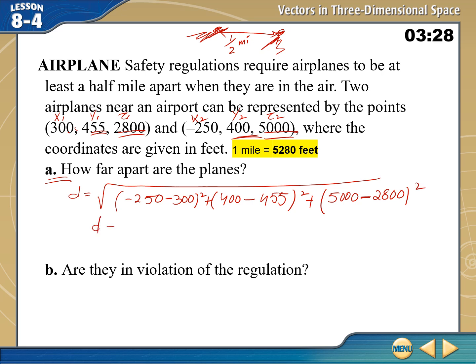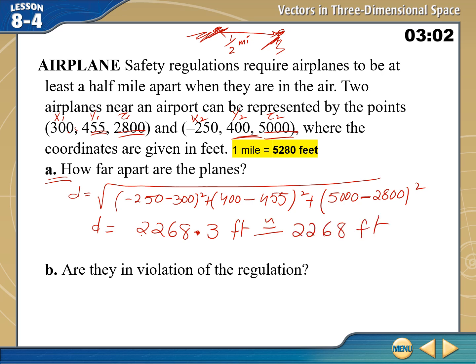Write this in the calculator and you will get 2268.37 feet. So the distance between the two airplanes is approximately 2268 feet.